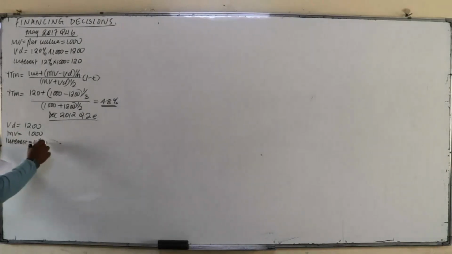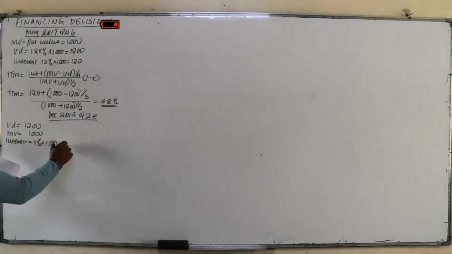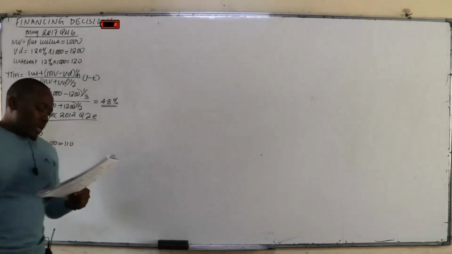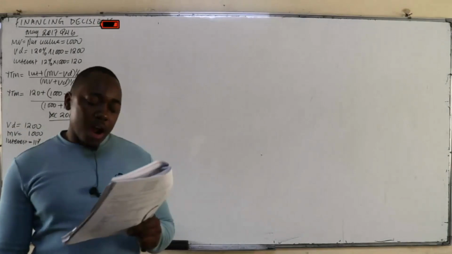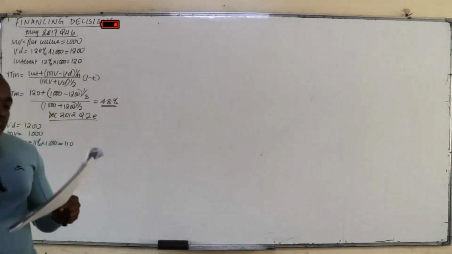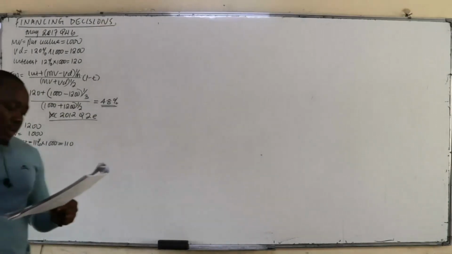The coupon rate is 11%, so the interest will take 11% of the par value of 1,000, and you get 110. The bond agreement provides for payment of interest on an annual basis with an 18 years maturity period. So it's redeemable, where n is 18 years. Also in this case, you're not given the tax rate, so you ignore the tax shield benefit.